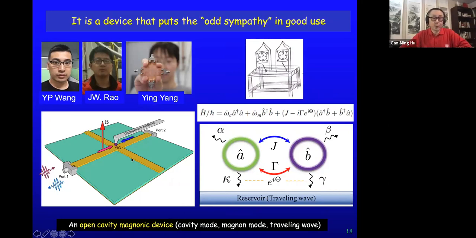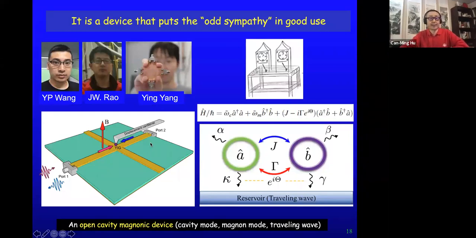You have a microstrip, sustaining the standing wave of cavity modes. And you can put the YIG sphere here, which has the magnon modes. If you change the position of the YIG, you are tuning the coupling rates between those modes. So this is a very well-controlled system.